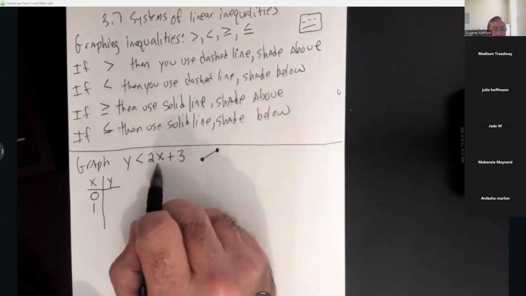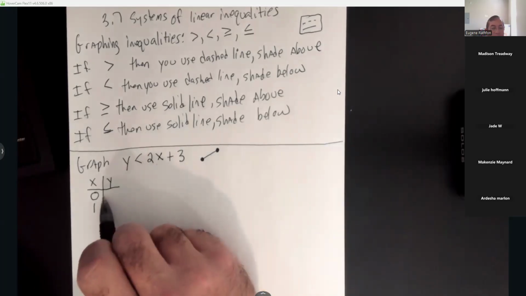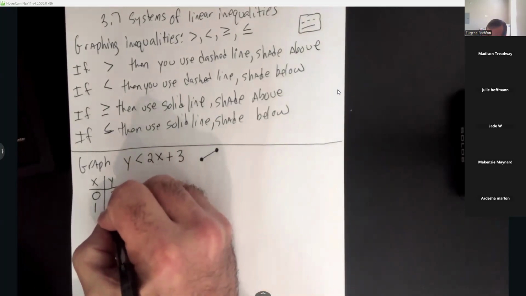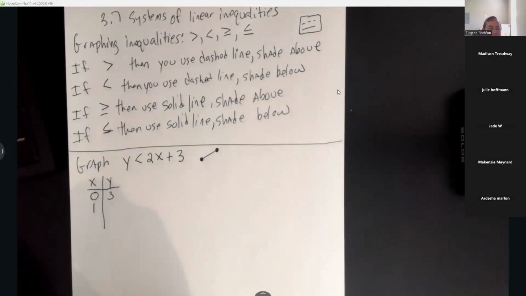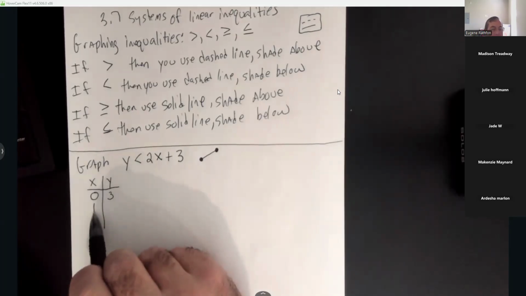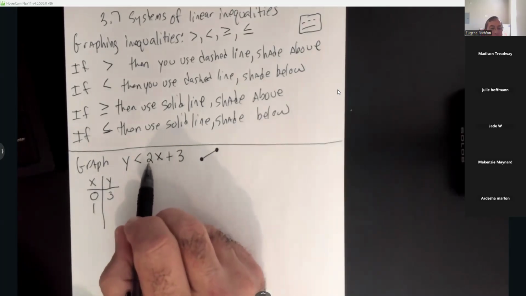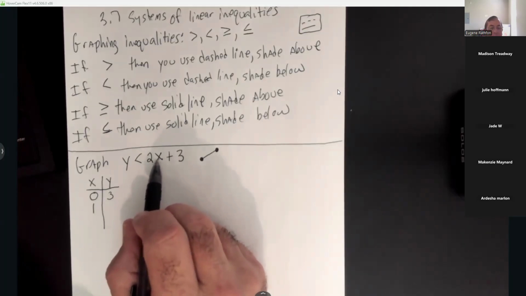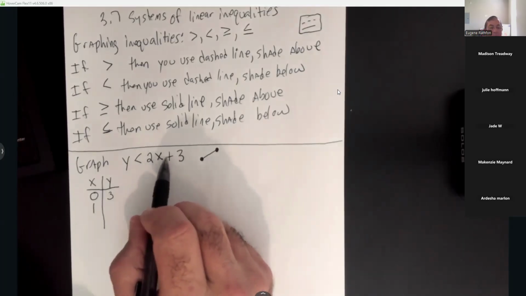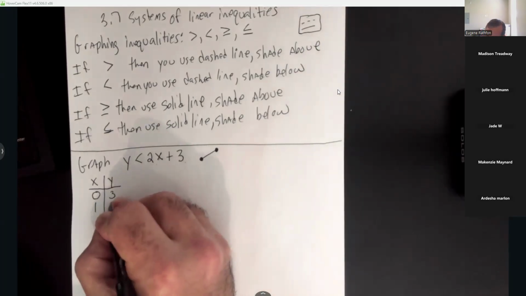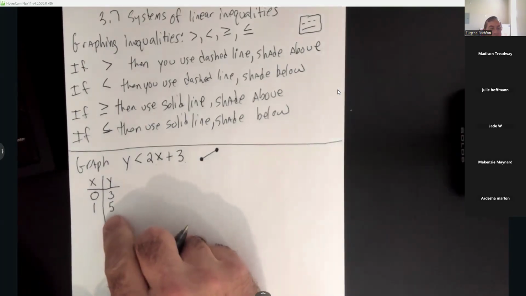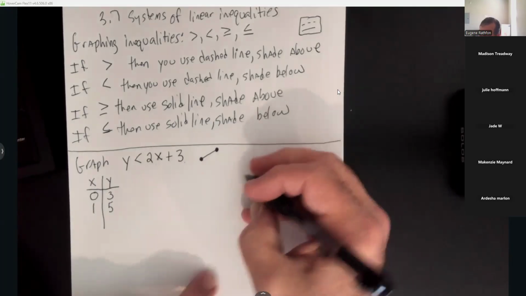If I put a 0 in for x, 2 times 0 is 0. 0 plus 3 would give me a 3 for that y value. And then if I put a 1 in for the x, 2 times 1 is 2, and then 2 plus 3 gives me 5. So I've got 2 points now that I can graph.